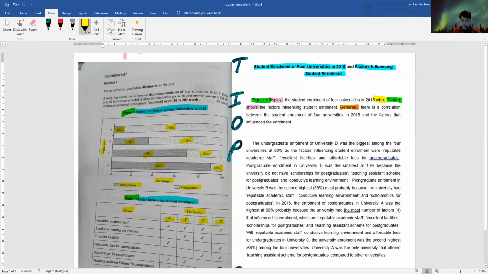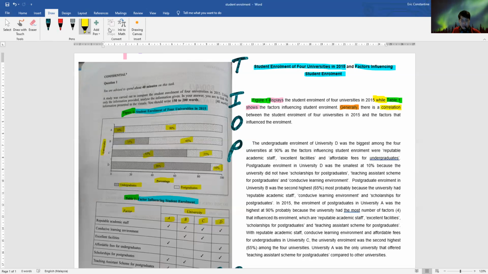This one refers to the first visual here, which is figure one, and the factors that influence the enrollment. So you notice that the key word here is correlation. There is a correlation, meaning that there is a link between the first visual and the second visual here.